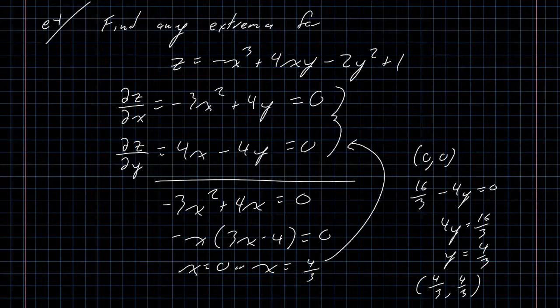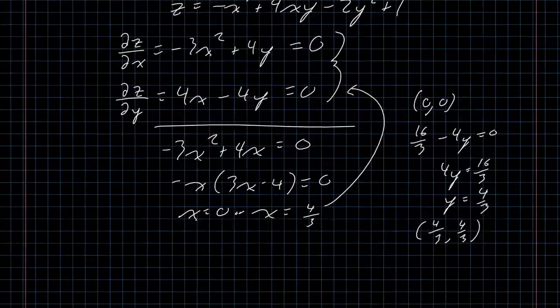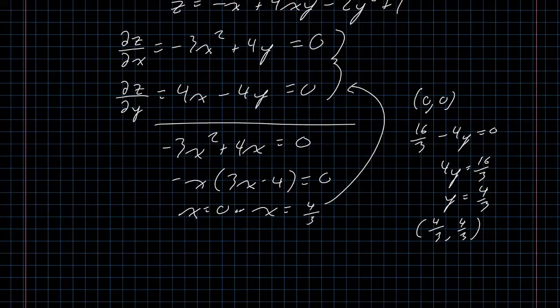So these two points are the places where the function might have an extreme value. And in order to figure out whether it is a maximum or a minimum, again, you can always graph the surface. That certainly does work when you have a computer available. But when you don't, we're going to take the determinant of that matrix, which means we're going to need all of the second derivatives.